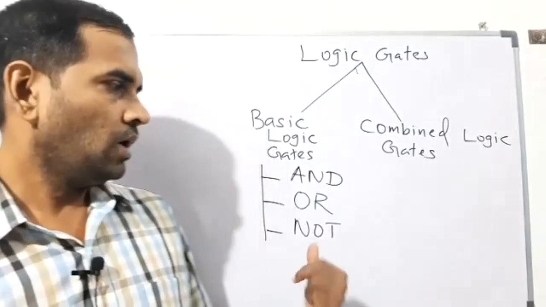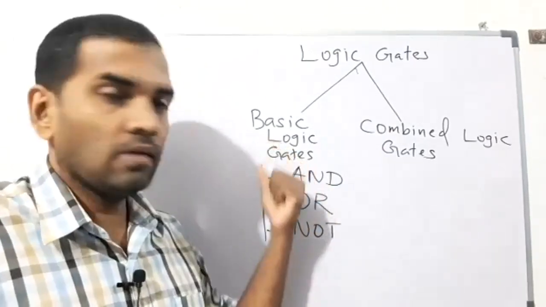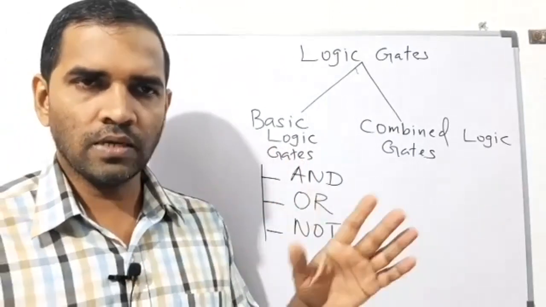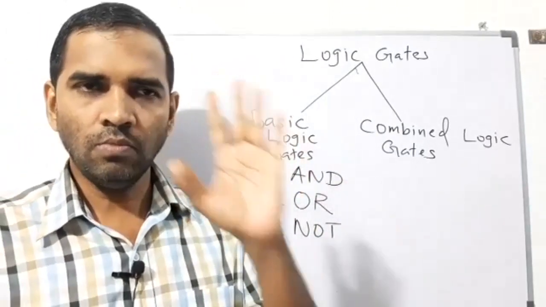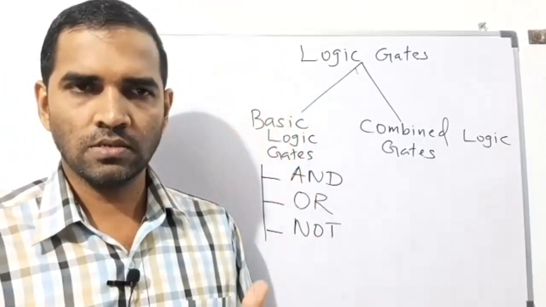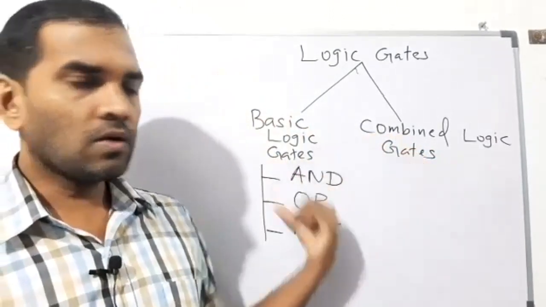There may be one more gate that could be included as basic, but slightly advanced, so I skip that. For us, three basic logic gates: AND gate, OR gate, NOT gate. These are called basic.